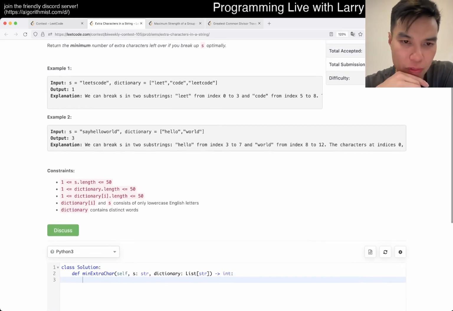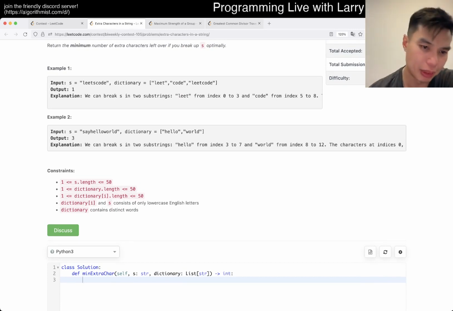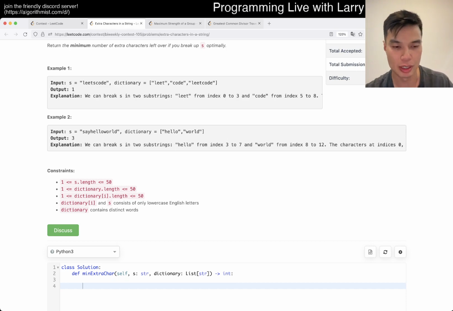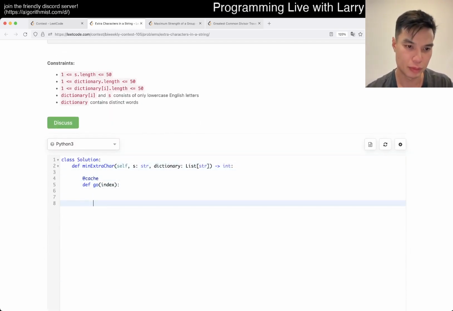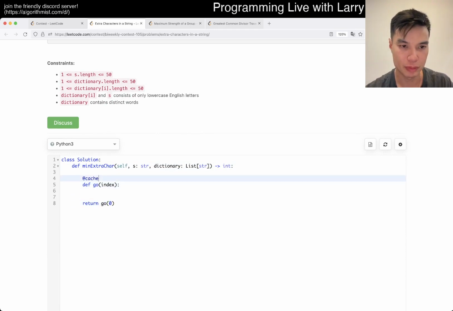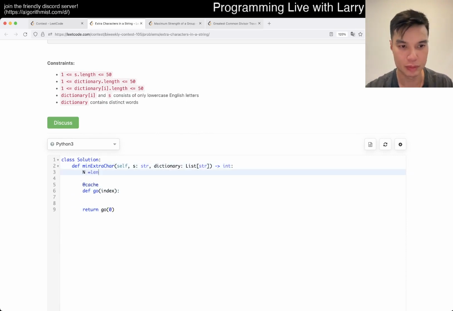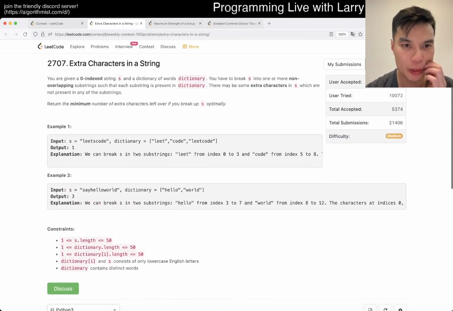Right now I'm trying to think whether it's greedy or DP. I mean, I think with n equal to 50, maybe I shouldn't worry about it. Can we reuse words?